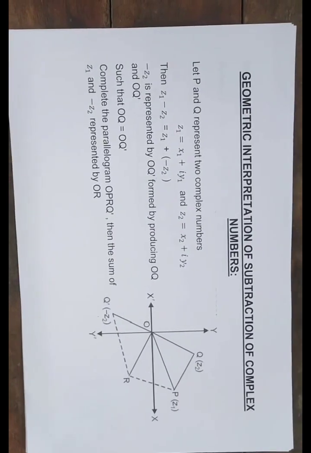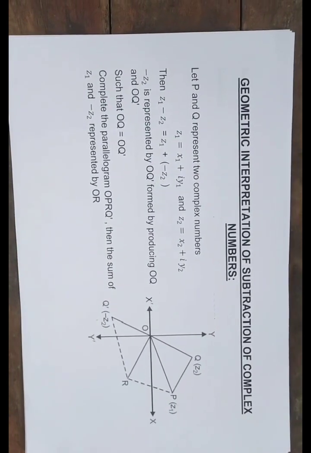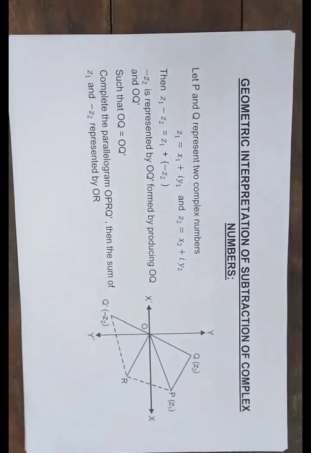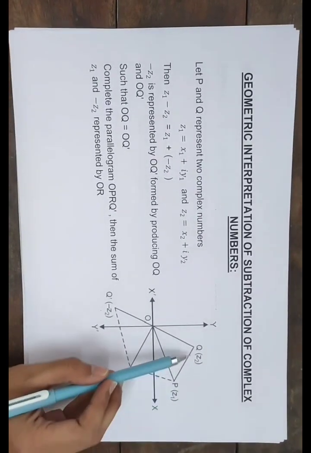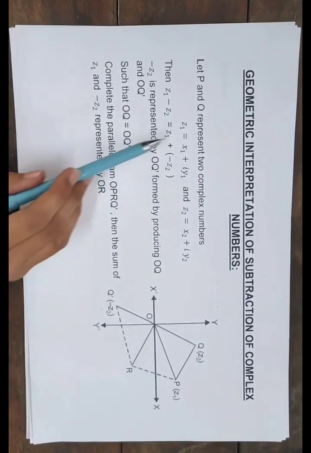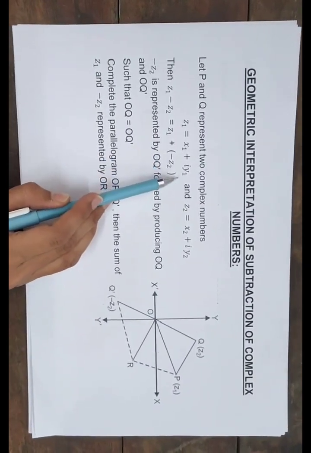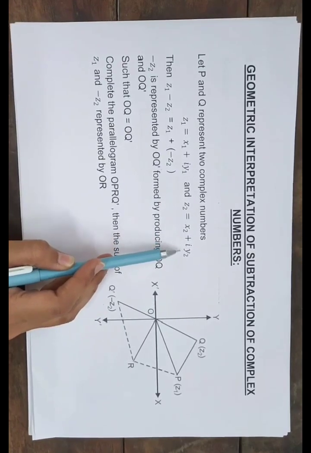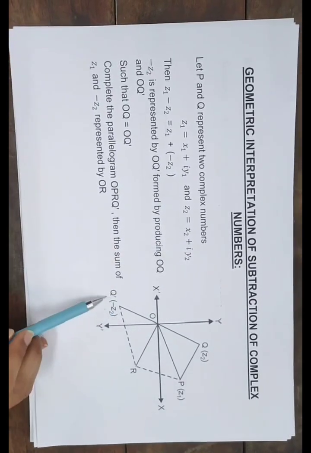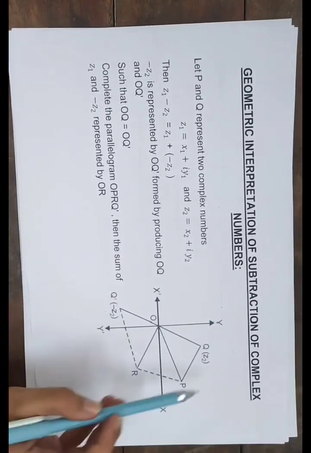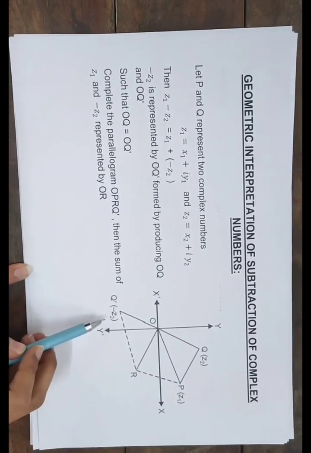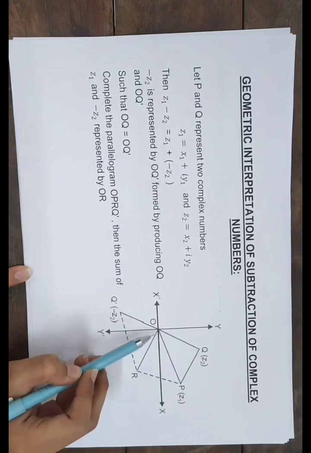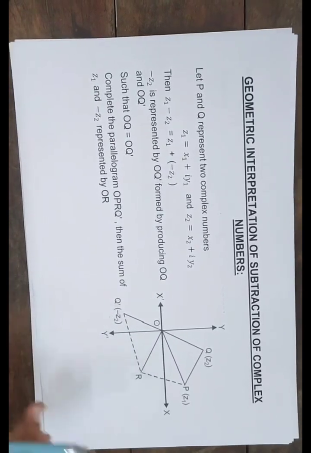Now we are going to discuss the geometric interpretation of subtraction of complex numbers. Let P and Q represent two complex numbers as shown in the figure, such that z1 is equal to x1 plus i y1 and z2 is equal to x2 plus i y2. Let Q dash be the negative of complex number Q, represented by minus z2 and formed by producing OQ to OQ dash.